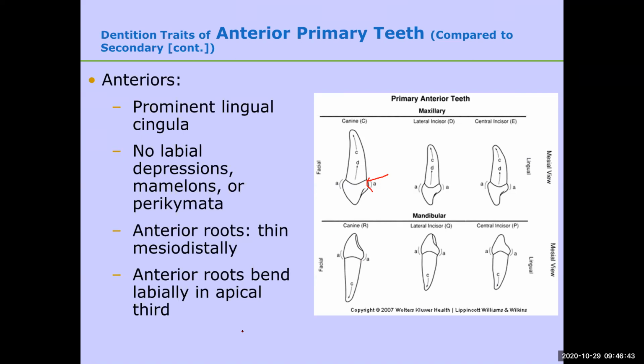And this is something different. The anterior roots bend labially in the apical third. Is there any bent root in the permanent counterparts?